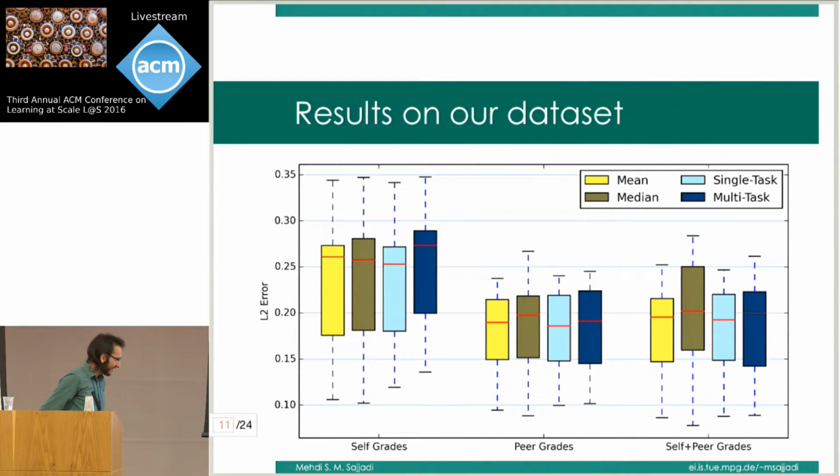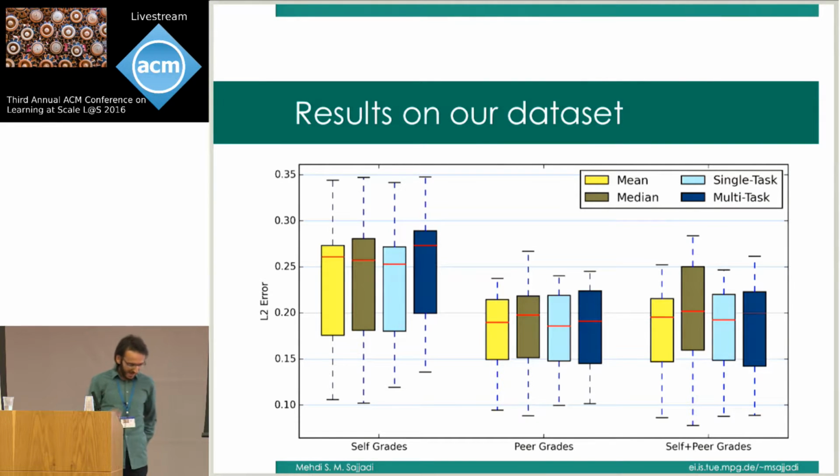Yeah, and now let's look at our data and the results. We have 4 different algorithms. First, we take the mean score, that's the yellow one. Then we have the median score. And then the blue ones are the same model that I just introduced. Single task means that we train the model on every task separately and estimate the scores.